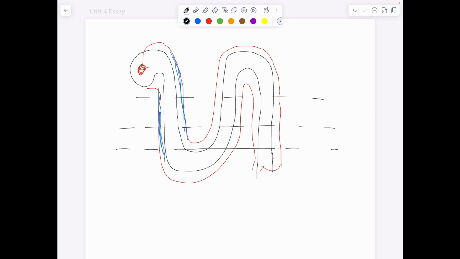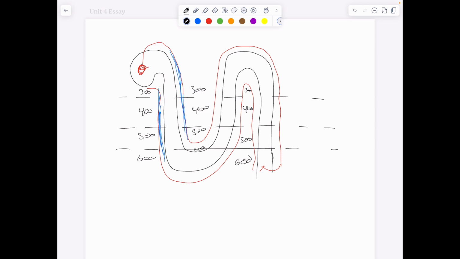And so it's going to be 300, 400, 500, 600, and so forth.